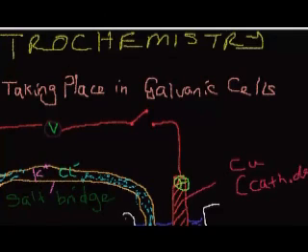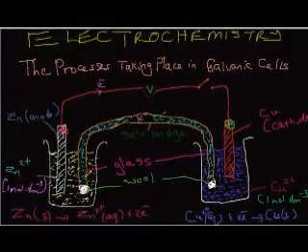In the description of this cell, we see that the cell consists of two half cells, the zinc half cell and the copper half cell. In the zinc half cell, there is a zinc rod, which we call a zinc electrode, in a solution of zinc ions.